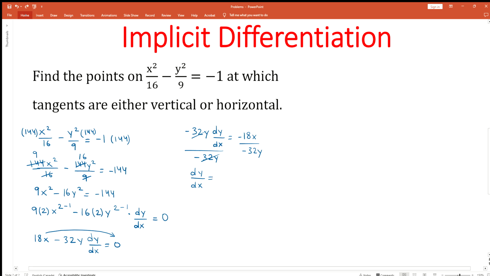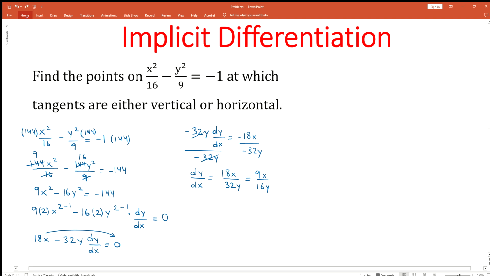The negative signs in the numerator and the denominator cancel each other out. We can reduce the numbers 18 and 32. dy over dx is equal to 9x over 16y. This is the expression for slope of tangent to the given equation.